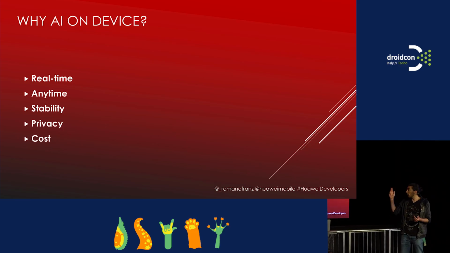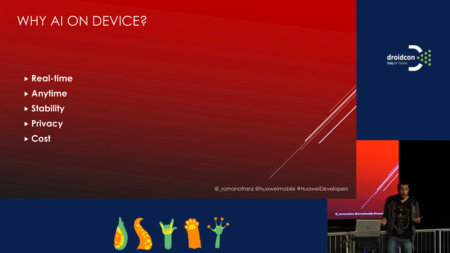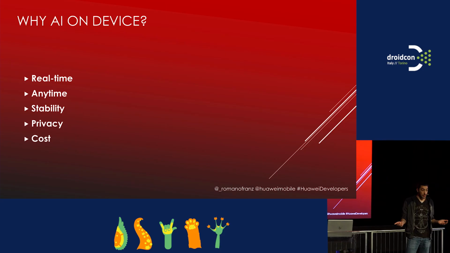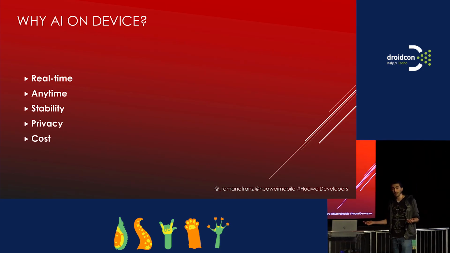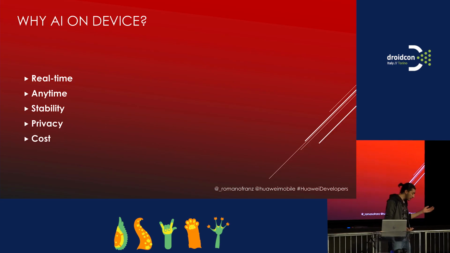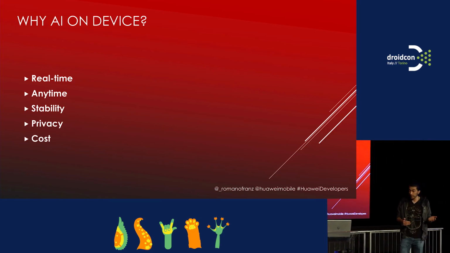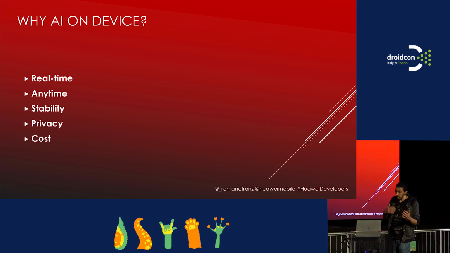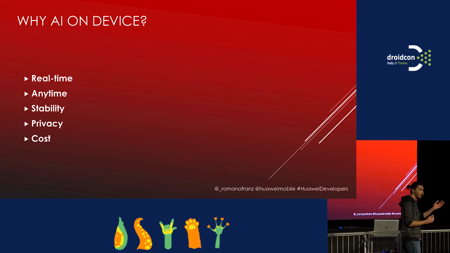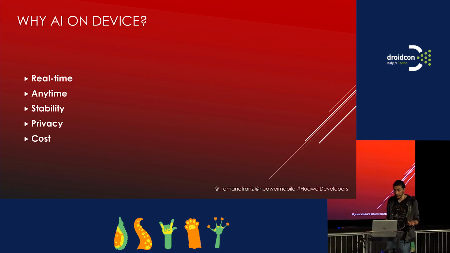But if you want something that's really real time, I'm talking about microseconds, or if you want your algorithm to run anytime, also if you don't have any internet connection, you want it to be stable to avoid the fluctuation due to the network. And in some use cases, you don't want your data to leave the device for privacy reasons. And of course, for cost reasons and data usage.